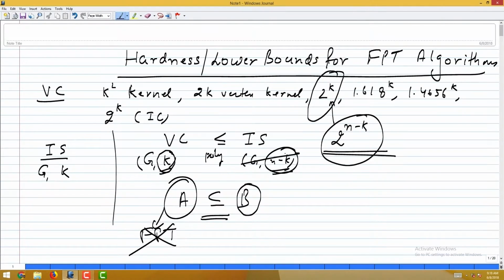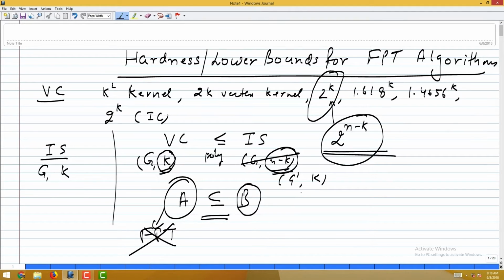For a very simple example, of course, this will not make sense. Suppose, for example, in some way, I was able to reduce vertex cover to independent set in such a way that if you give me an instance of vertex cover, G, k, I was able to construct another instance of independent set, G prime, comma, let's say as of now, k.